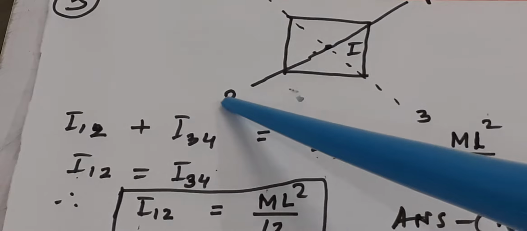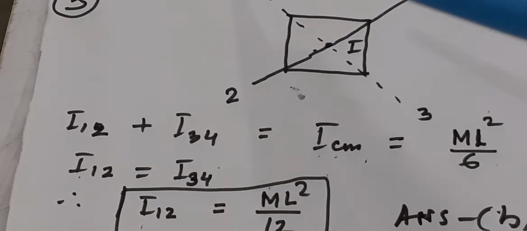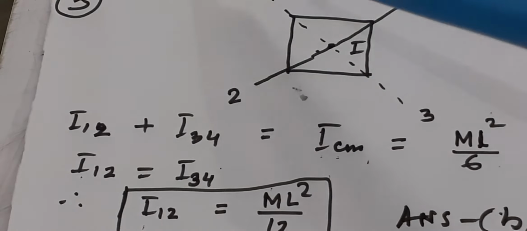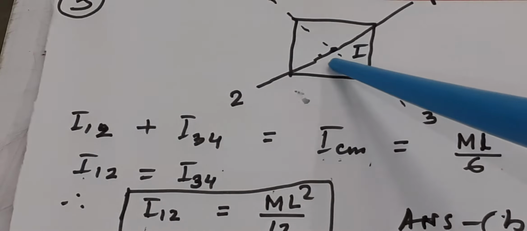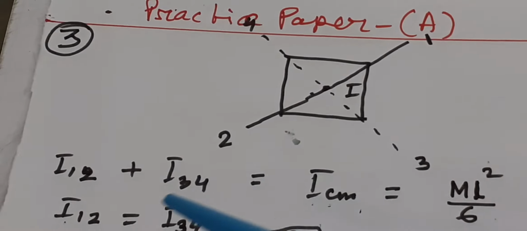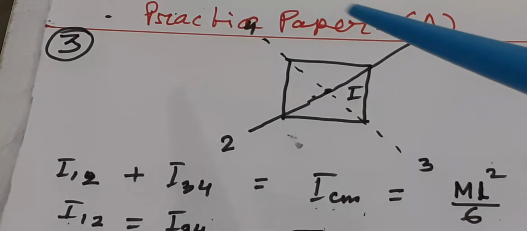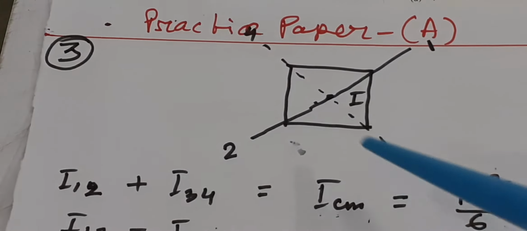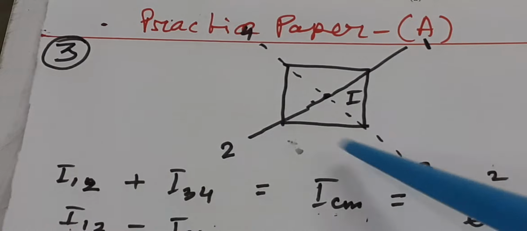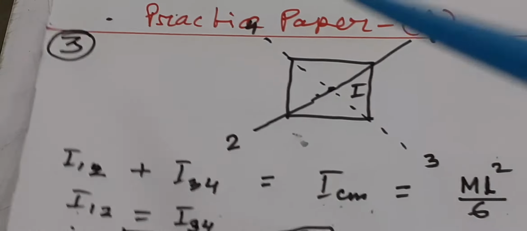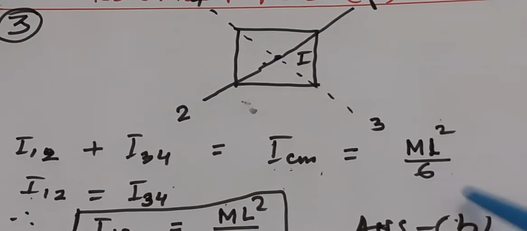Now from perpendicular axis theorem, sum of these two axes, that means I13 equal to I12 equal to I34, because they are perpendicular to each other. Sum of these two will give the ZZ axis, that means this value ml square by 6.